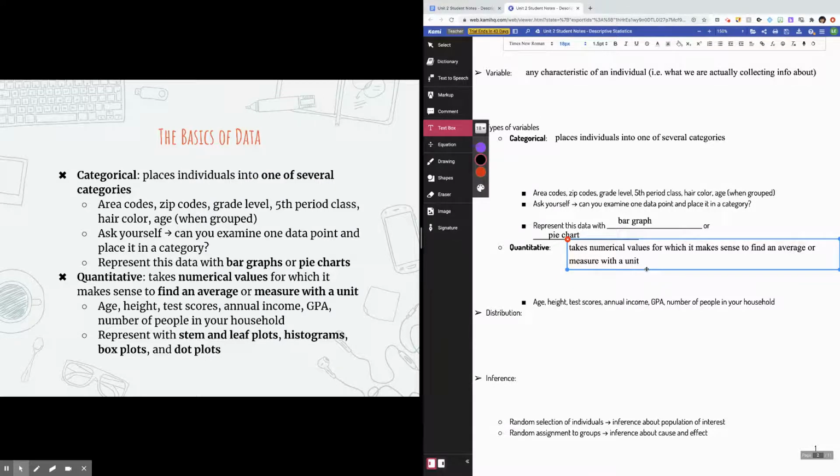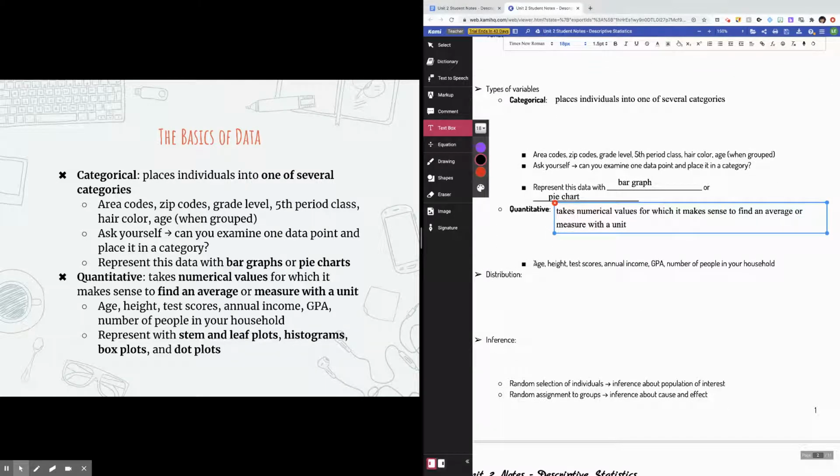If you're looking at an individual and you can place them on a scale, like on a unit, so if it's measured in feet or yards or liters or percent correct, like a test score, you can give a unit to all of those things. It's also very easy to find an average of all of those things. You can't find an average for categorical data.